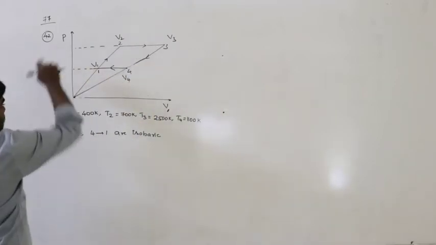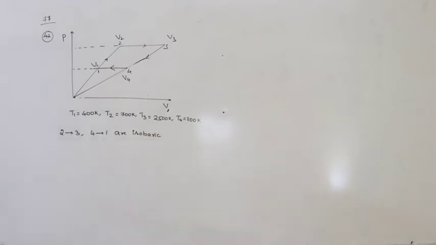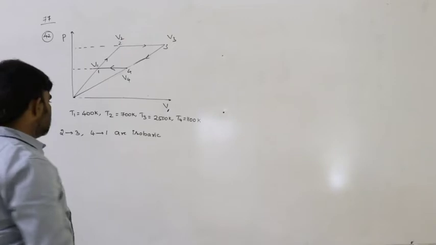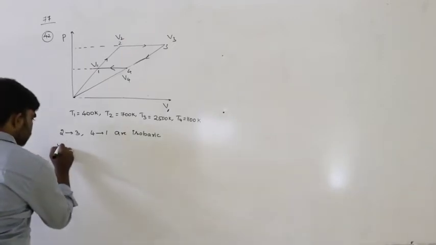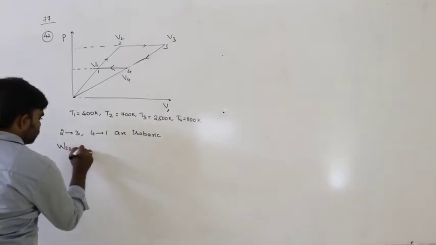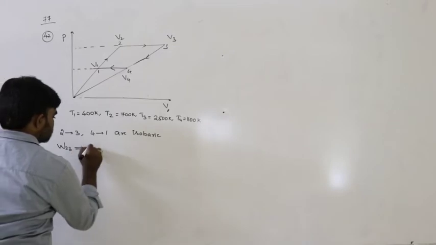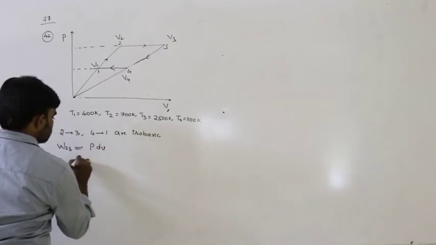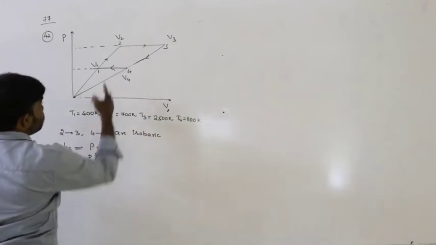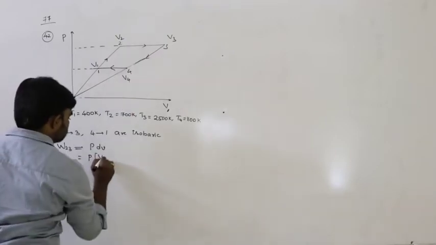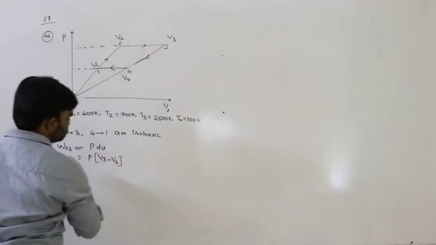That means pressure remains constant. In what process does the pressure remain constant? In an isobaric process. So work done in isobaric process, work done 2 to 3 is equal to, the work done formula is P dV. So pressure remains constant. Pressure into dV is V3 minus V2.